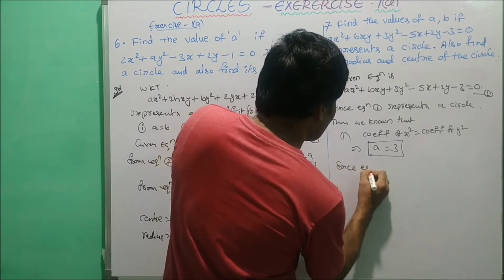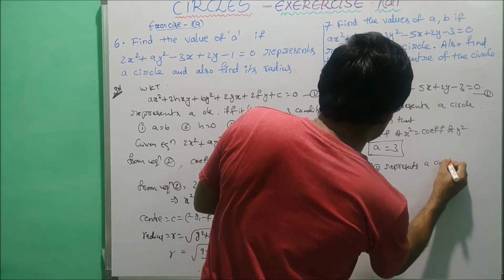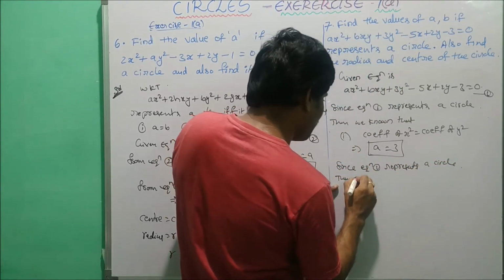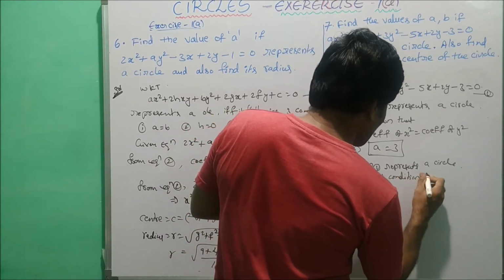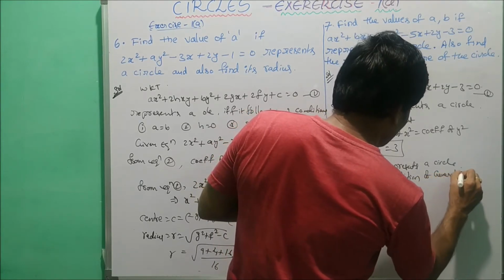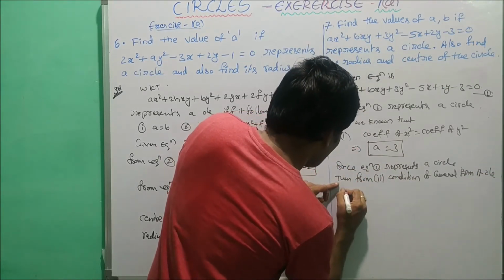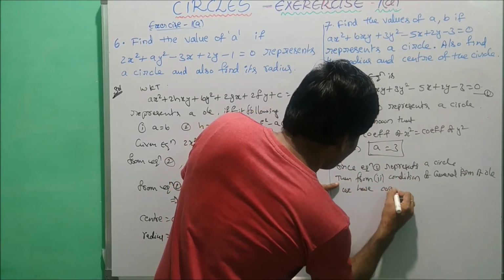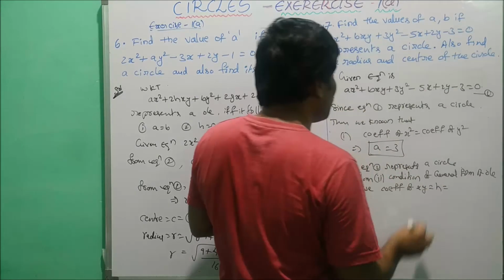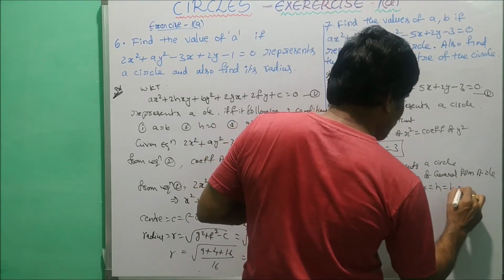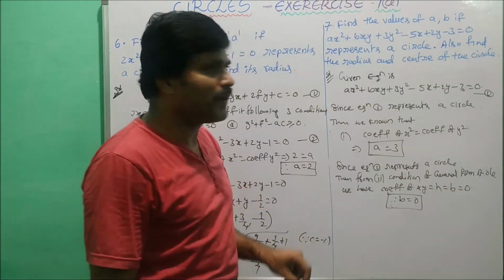Since equation 1 represents a circle, from the second condition, the condition of the general form of a circle, we have the coefficient of xy equals h, which equals 0. Therefore b equals 0. This is the value of b.